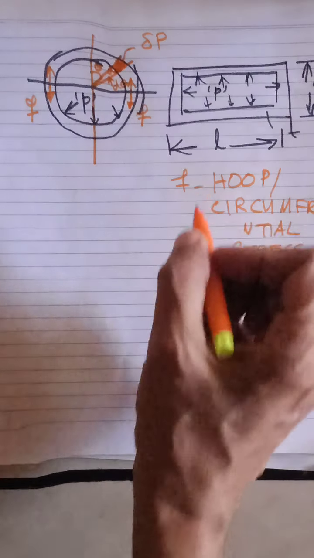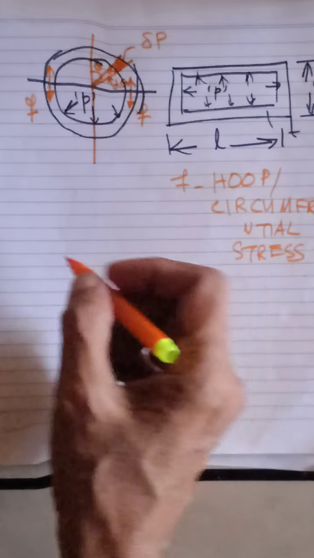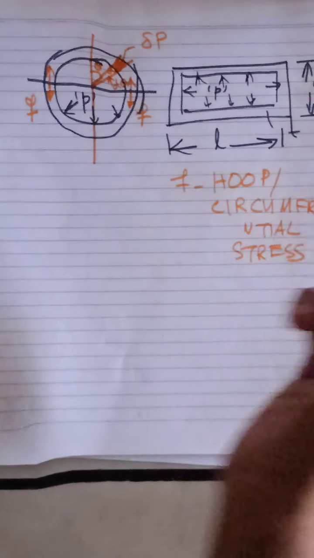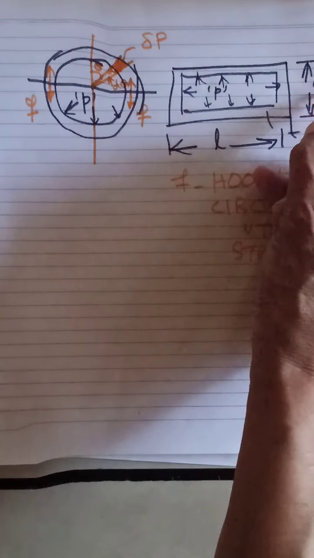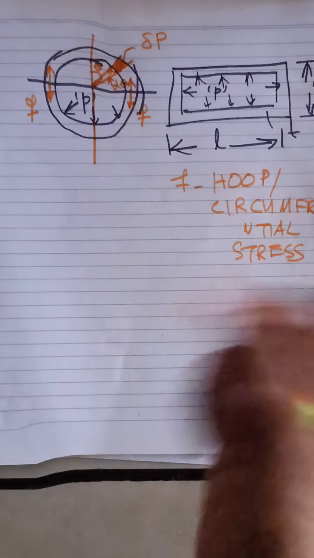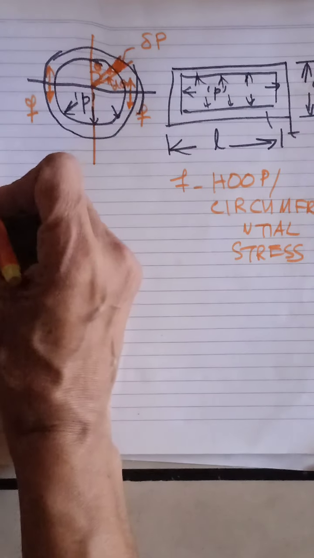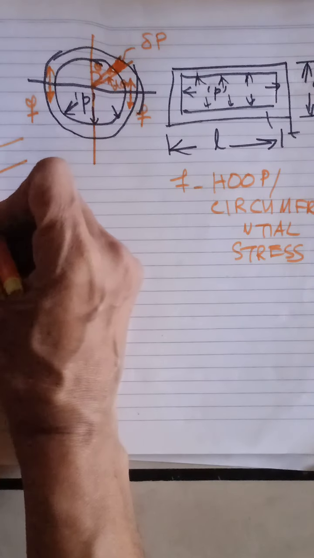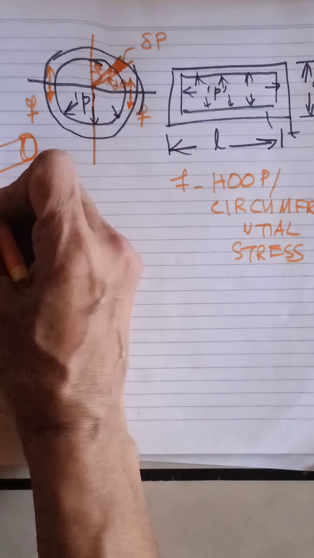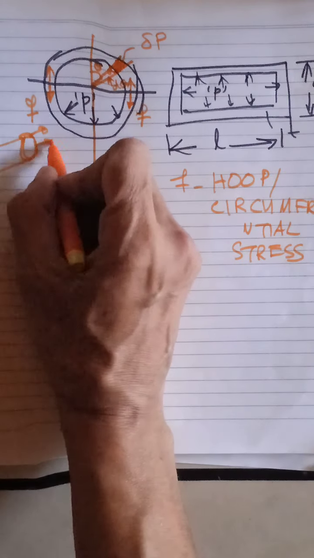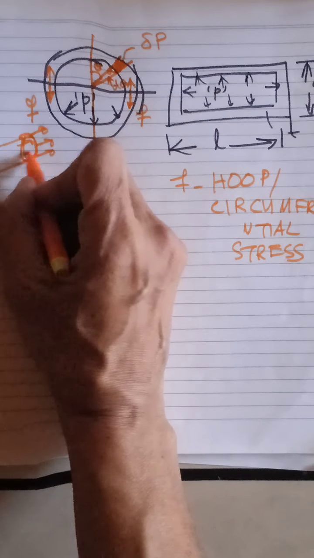Another thing is that it can also fail in the other direction. That is, it can also fail by a pressure acting like this. If you take the longitudinal section like this, there will be a stress acting longitudinally along the circumference.